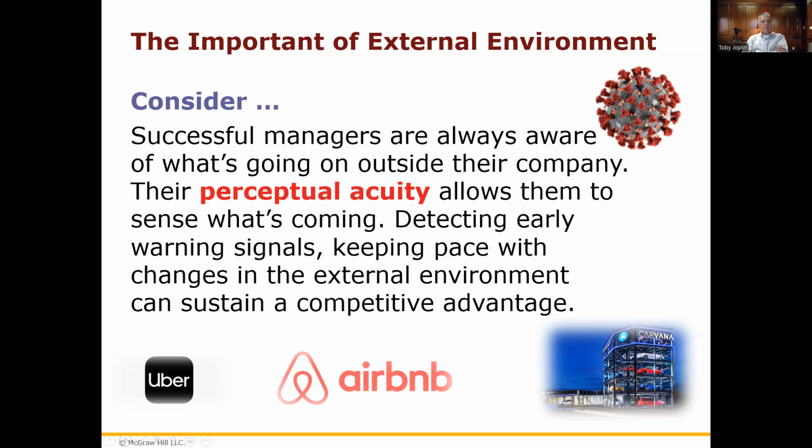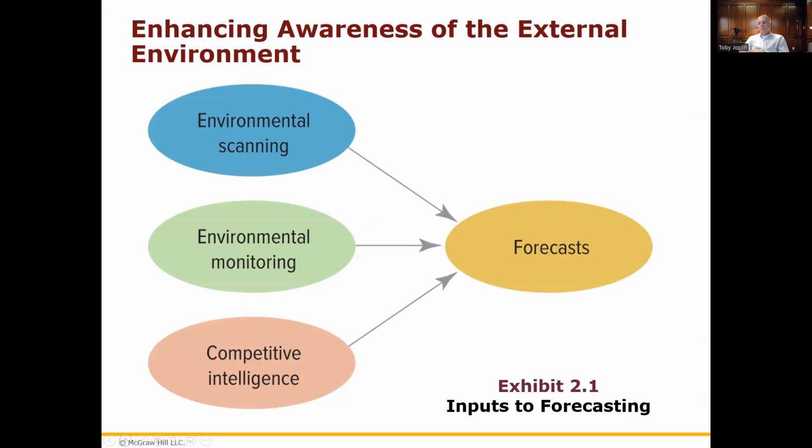They're the type of people that before Uber or Airbnb were able to sense that there might be an opportunity there. Just a couple of weeks ago, I was in Chicago and I saw one of the Carvana vending machines. That's just crazy to me that there's vending machines for automobiles, right? But somebody had the perceptual acuity to see that and make it happen.